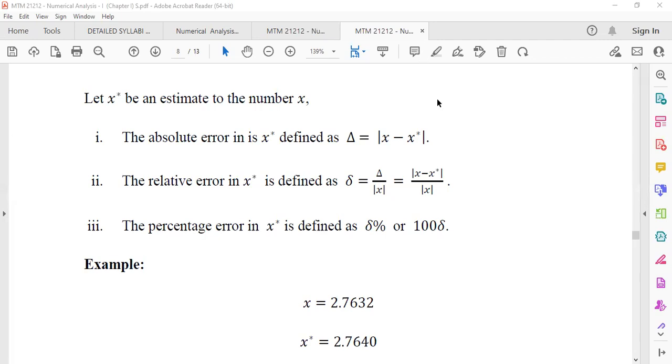You can use these formulas: for the absolute error, use this one; for the relative error, use this one; and for the percentage, 100 times this one. So simple.